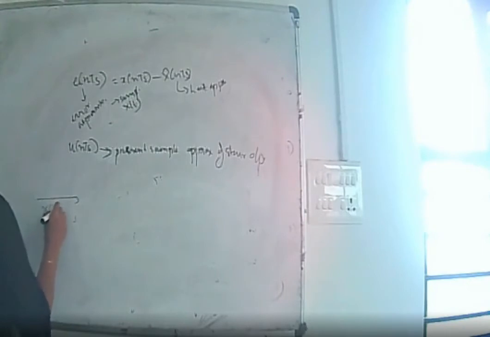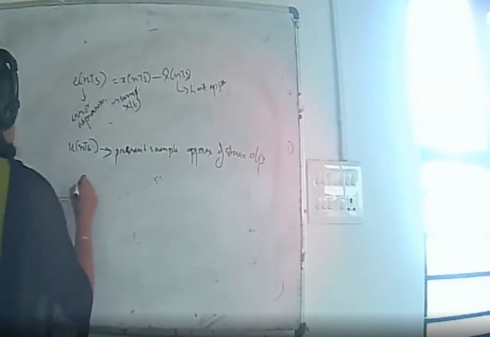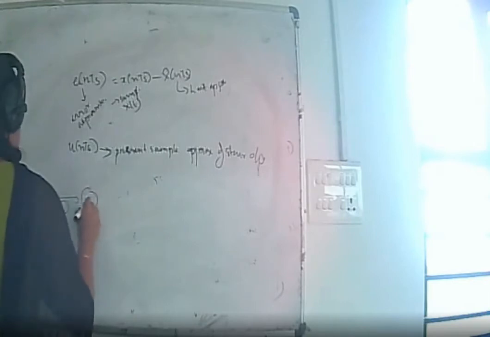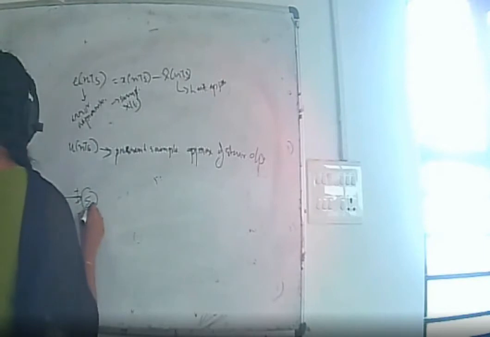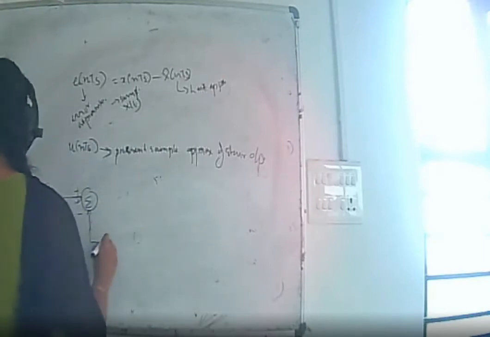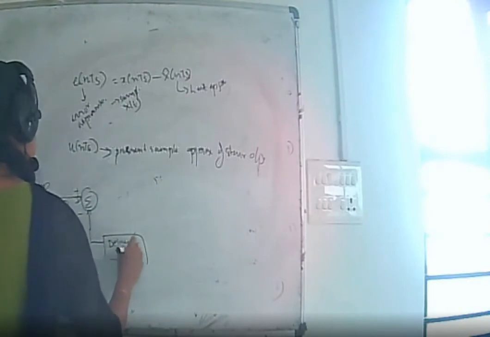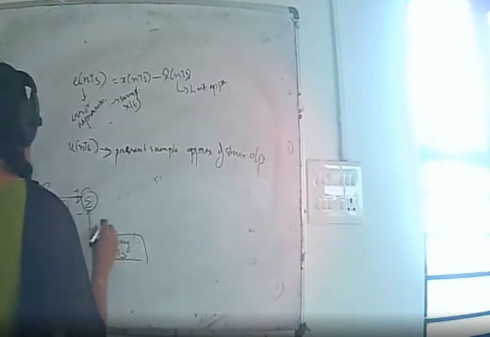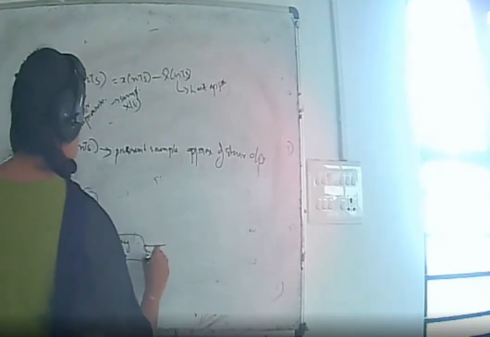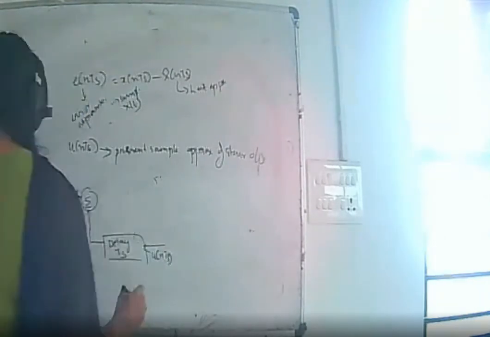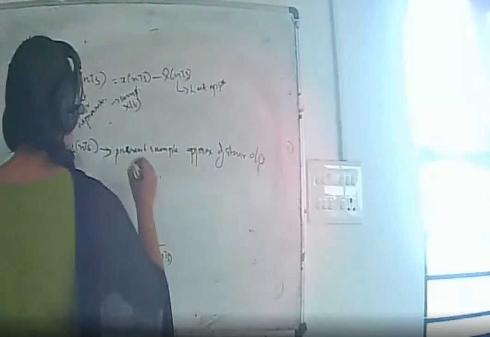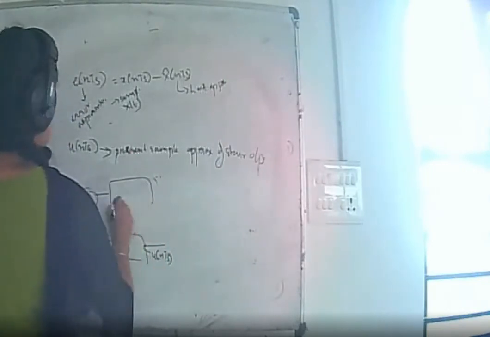This is x of nTs, which is our input signal, which is given to a comparator. Here we are providing a delay of Ts. It is the present sample approximation of the staircase output, and here we are providing it to a 1-bit quantizer.